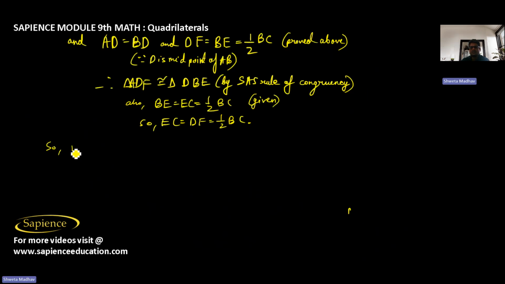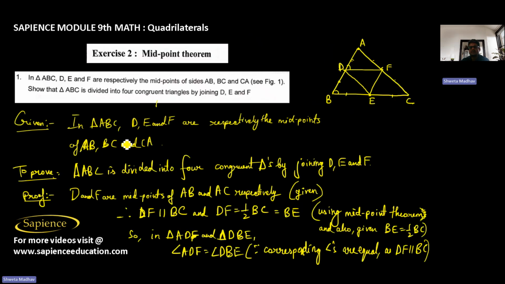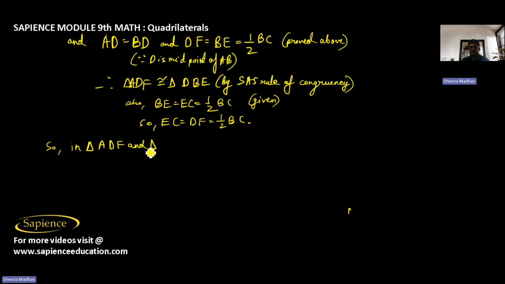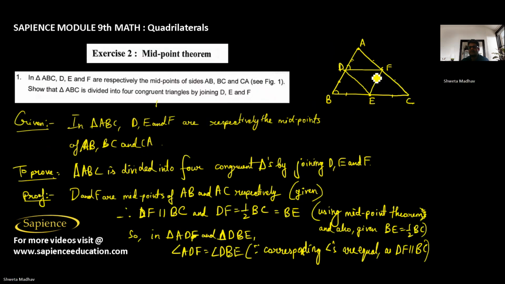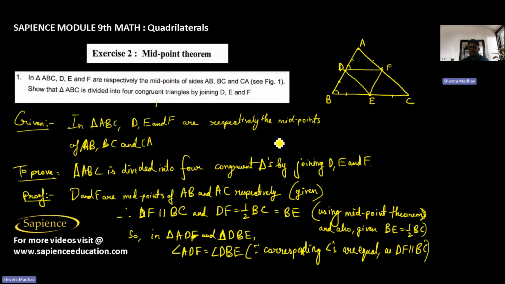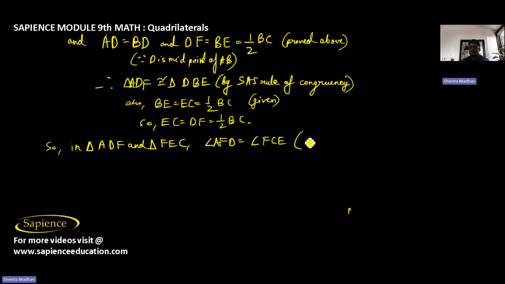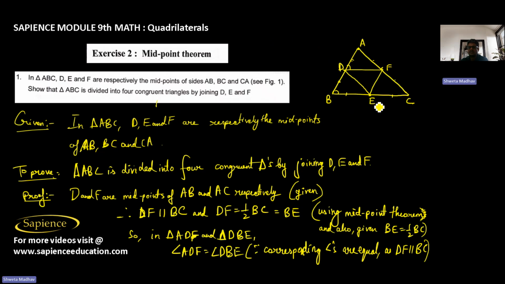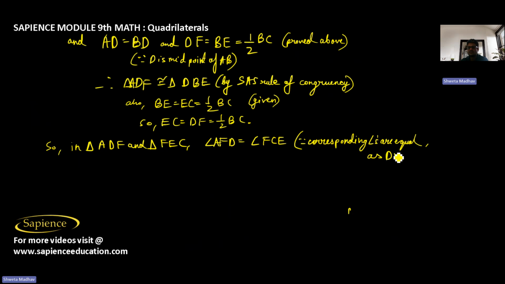So now we can say that in triangle ADF and triangle FEC, angle AFD equals angle FCE, since corresponding angles are equal, as DF is parallel to BC by using the midpoint theorem.